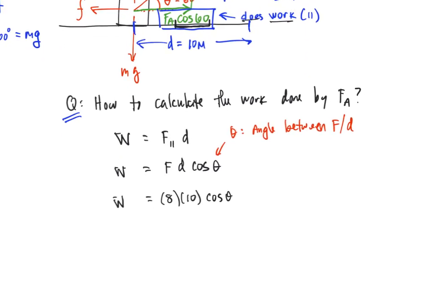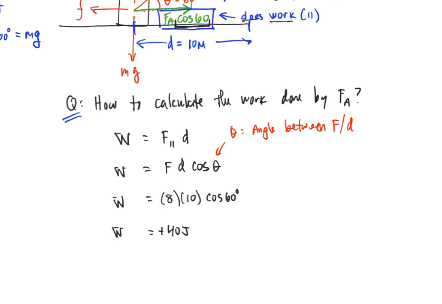And so this is going to give me the work value of 40 joules. Just so we're clear, I plugged in 60 for theta. So I'm using 60 degrees here. So that would give me a positive 40 joules.